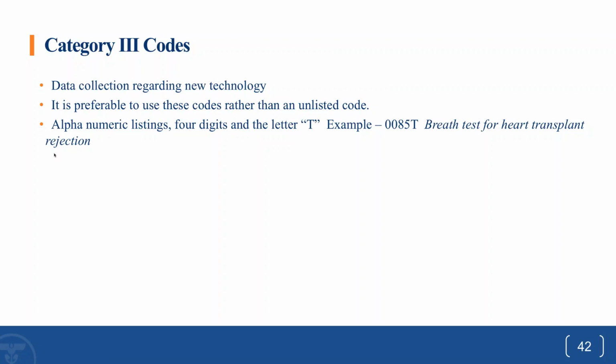If a lot of providers, throughout the year or whatever time span they put on that temporary code, utilize that particular service, then it grows up and becomes a new code in the front of the book with the red dot. That's how that works. The category 3 codes for data collection end with the letter T as in Tom, and your category 3 codes begin on page 687.